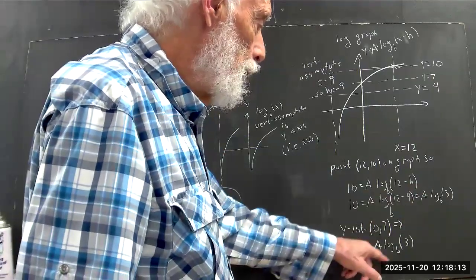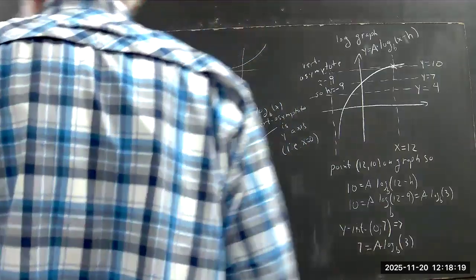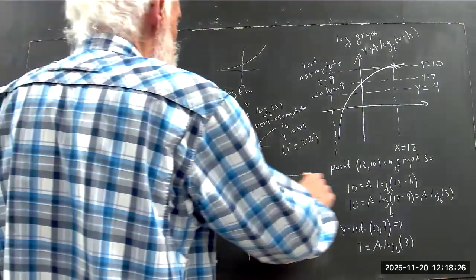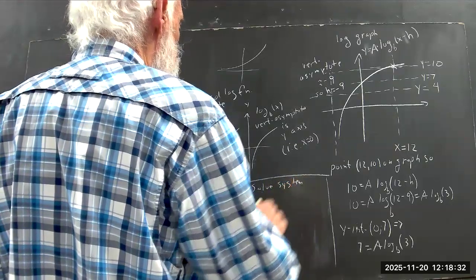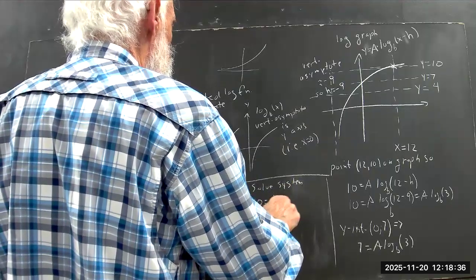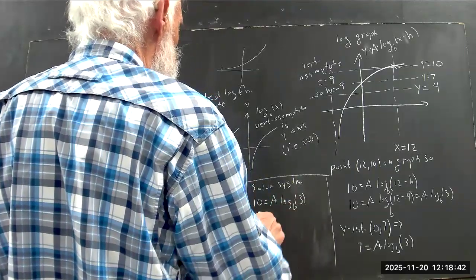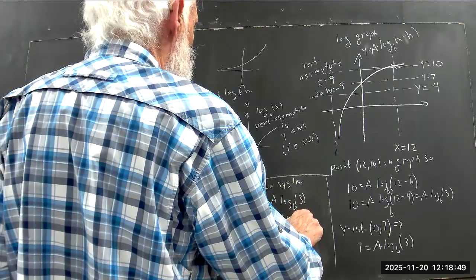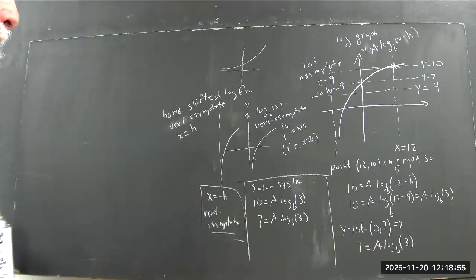Well, now we have two equations in unknowns a and b. Something's wrong.